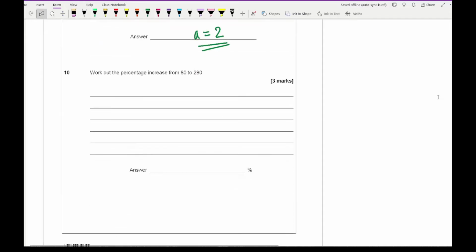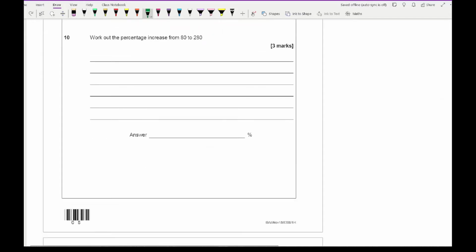Question 10 says work out the percentage increase from 80 to 280. Well, to work out the percentage increase, it's the difference divided by the original multiplied by 100. So here the difference between the two numbers is 200. Divide that by the original amount, which was 80. And we multiply the answer by 100. Now simplifying this, we've got 80 divided by 8.